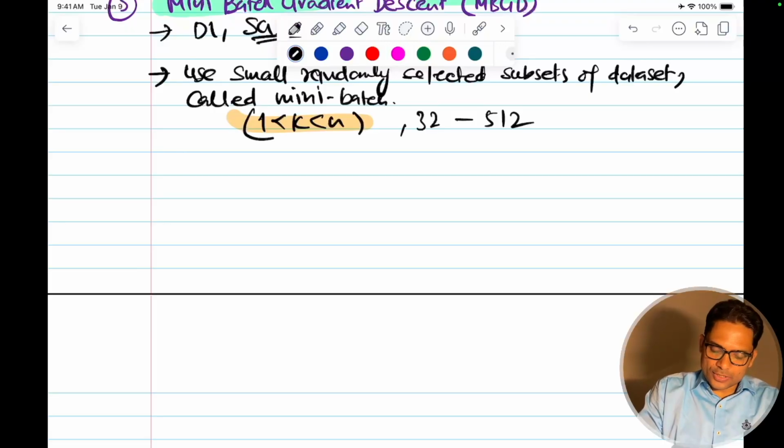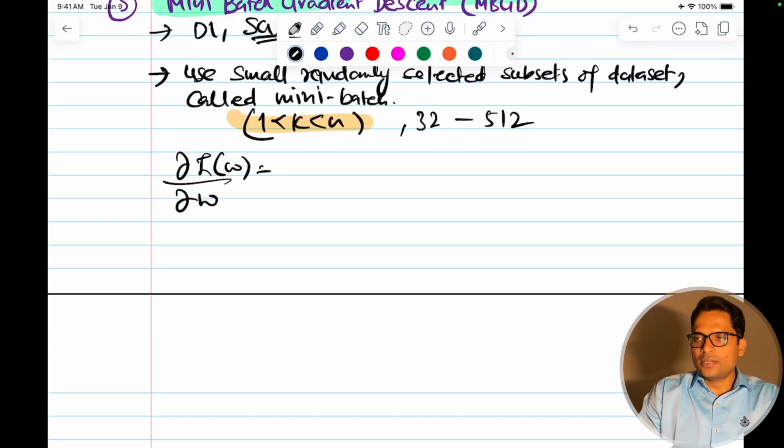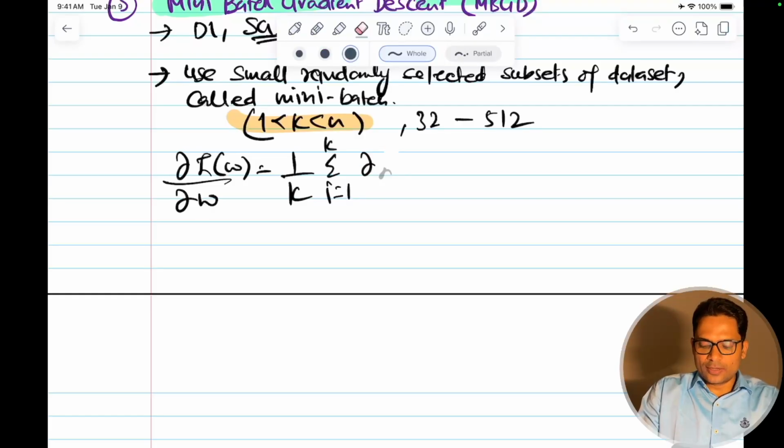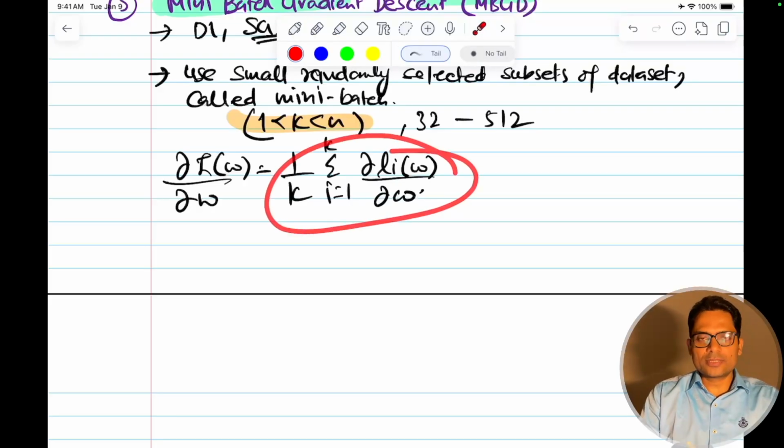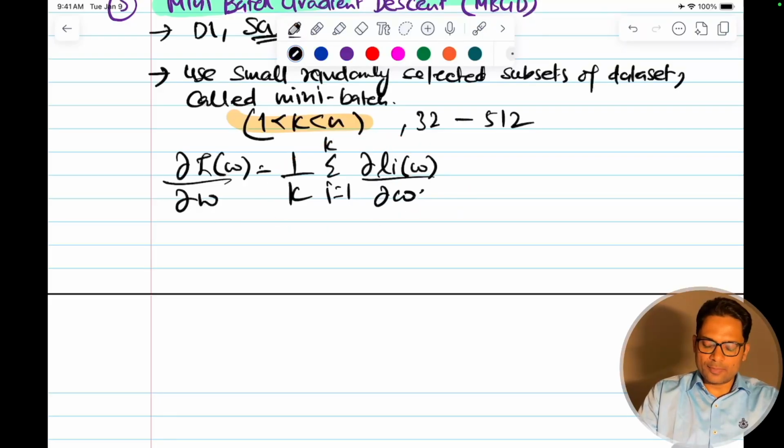So how will my loss look now? The loss of the weight is equal to, instead of averaging over all, I have the sum over 1 to k data points of small l. So I will take the average of the k data points, the subset. For example, say my k is equal to 32, the lowest.